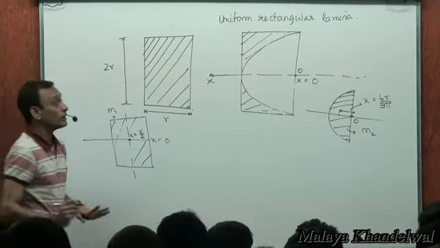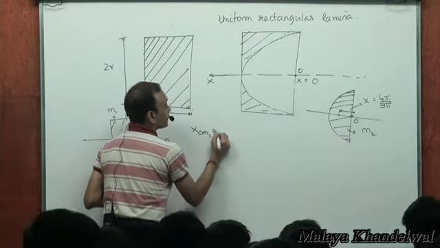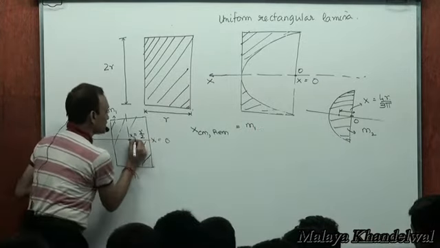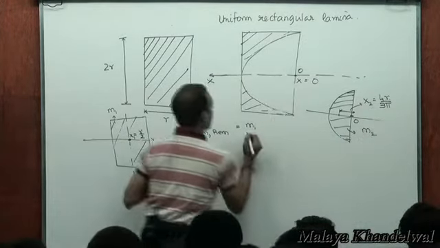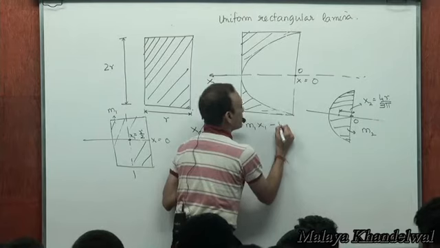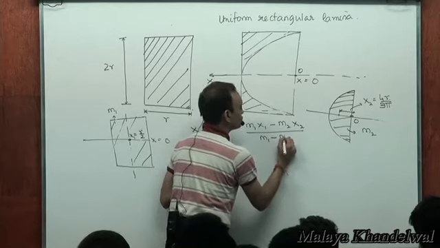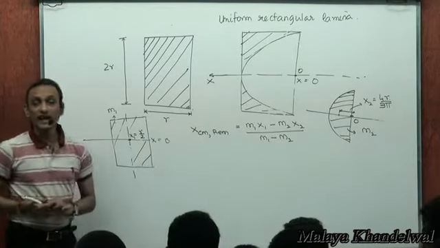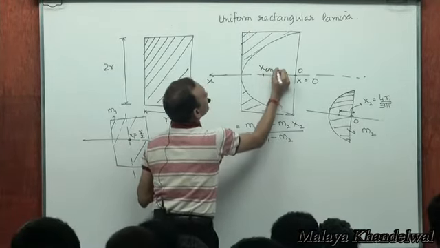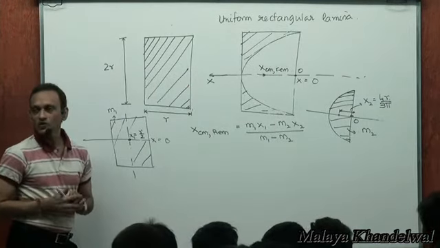The x coordinate of the center of mass of the remaining is m1 x1, let's say this is x1 and this is x2, the original structure from which a mass m2 is removed, so minus m2 x2, divided by m1 minus m2. That's the x coordinate of the center of mass of the remaining portion, which will be somewhere here. Is it not?